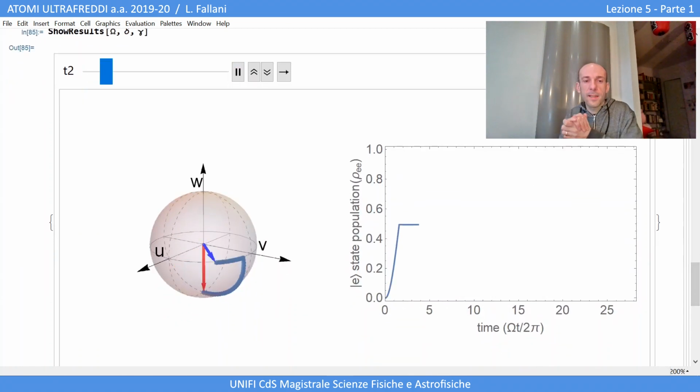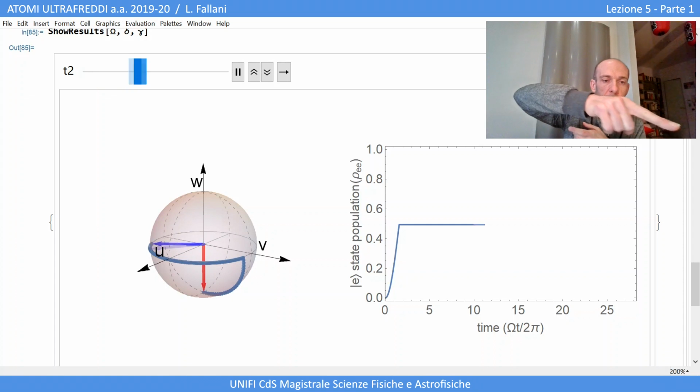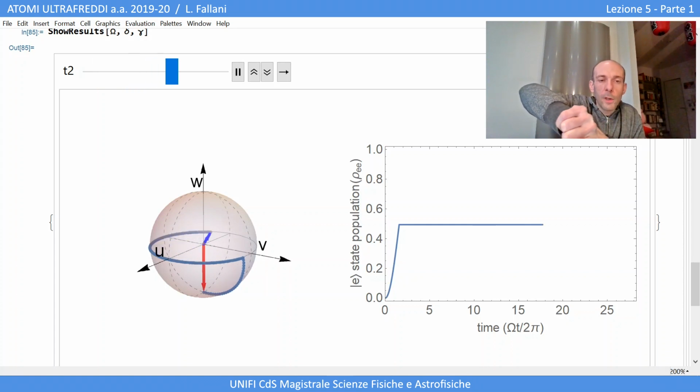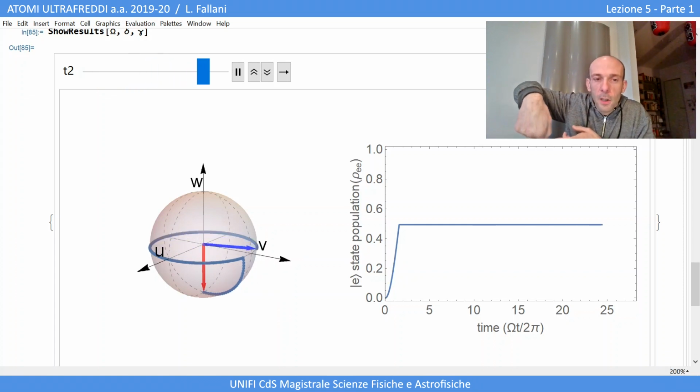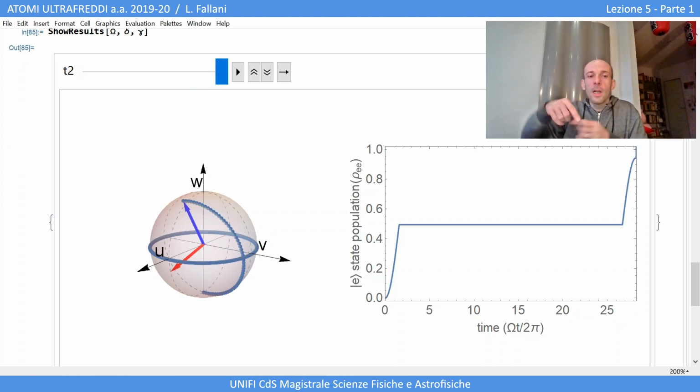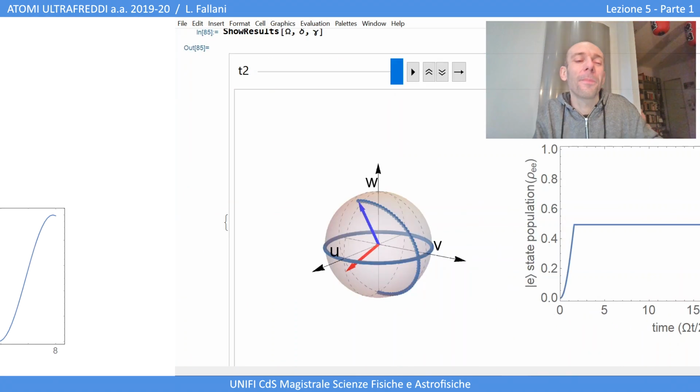First pi half pulse, then dephasing, but this dephasing will lead to a rephasing after a full circle of the equator, and so the second pulse will lead to a constructive interference, and again, this is not perfect because you have some detuning. Now you're not on the central fringe, but on the first fringe, and so you will have a large population of excited state.